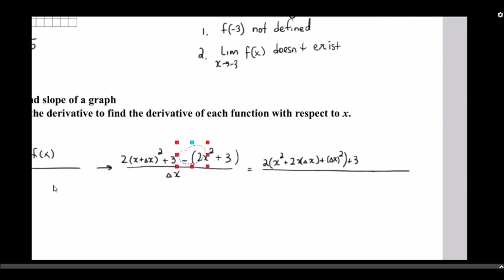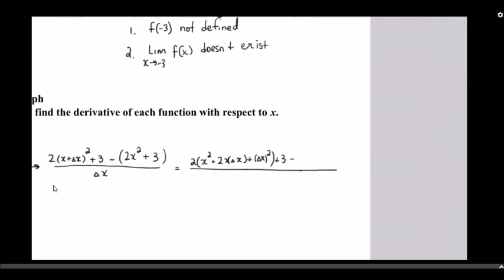I'm just going to distribute that minus sign into the parenthesis. So we're going to have a subtract 2x squared and subtract 3, all over delta x.